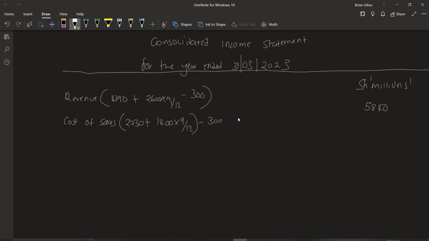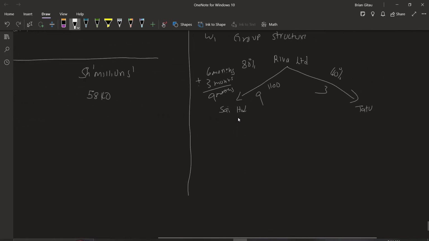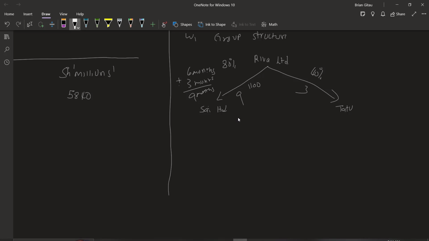So we need to calculate the unrealized profit on closing stock. So that information, we have it on additional information number 4, where we are told during the post-acquisition period, River Limited sold goods to Sai for 300 and River Limited reported a 20% margin on this sale. Half of these goods remained unsold. So margin is based on the selling price, so there is no need to convert.